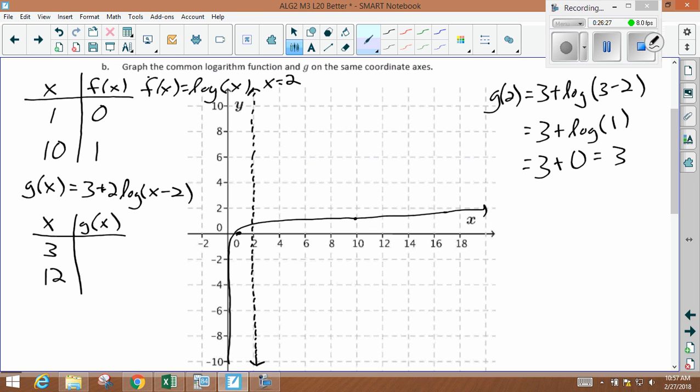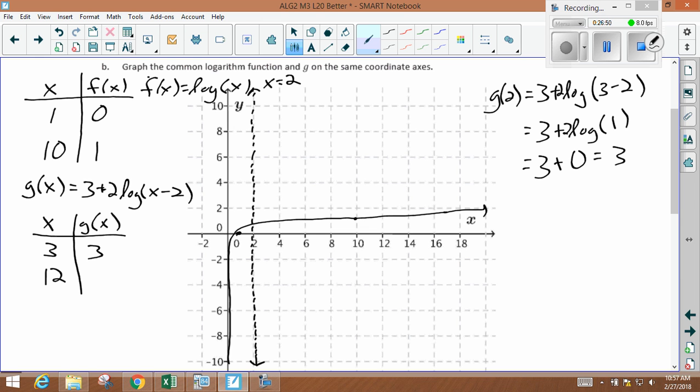So I get 3, so I have the point 3, 3. What happens when I plug 12 in there? If I plug 12 in here, I get 2. Oh, I'm sorry, that's supposed to be a 2, and that's supposed to be a 2. 2 times 0 is 0, though, right?